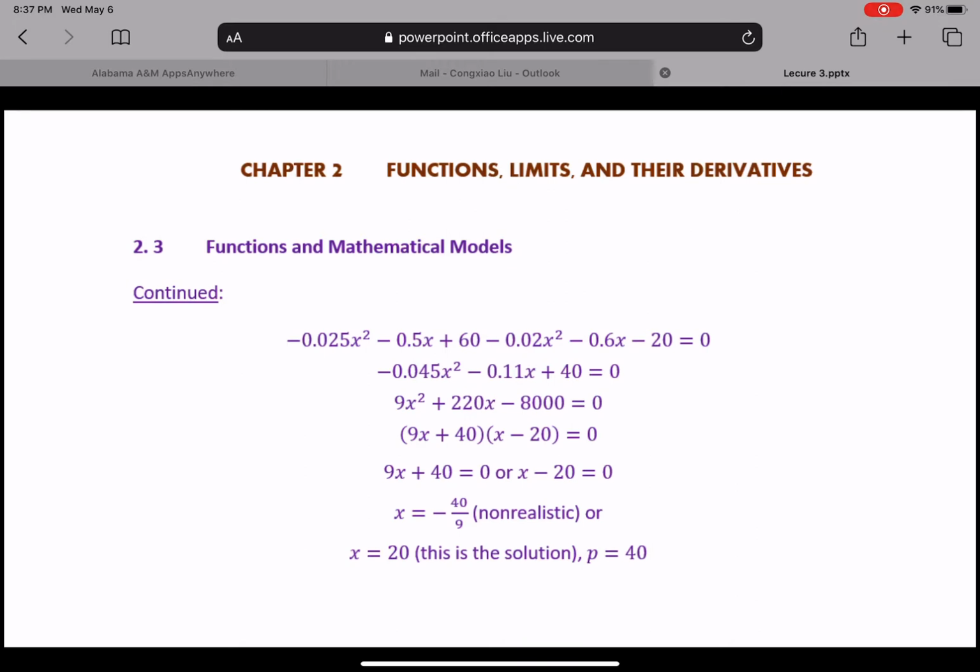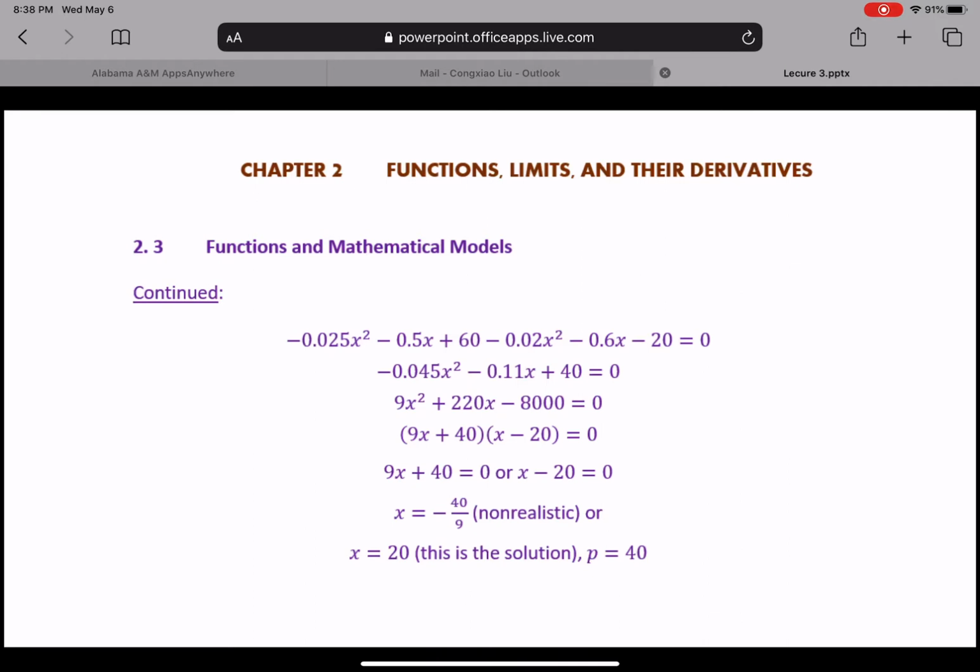We got some fractions that are not convenient to deal with. So we want to make all the coefficients positive and integers. So what we do is just divide by some small number.